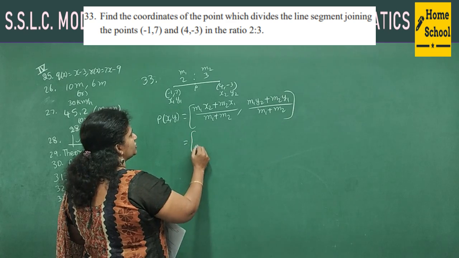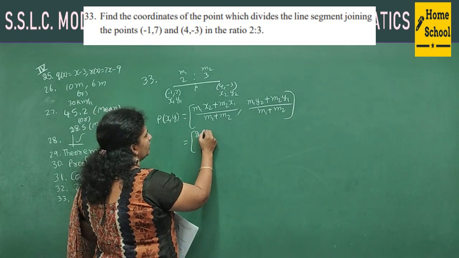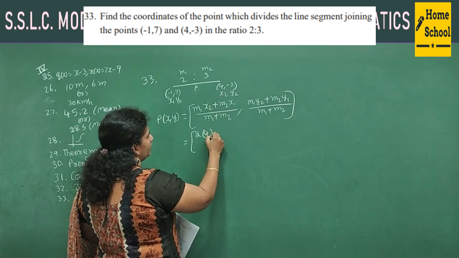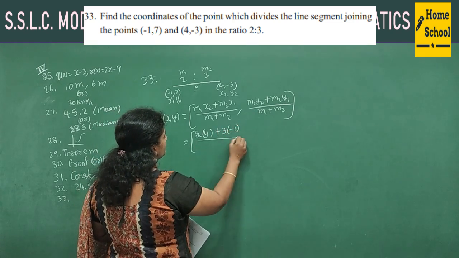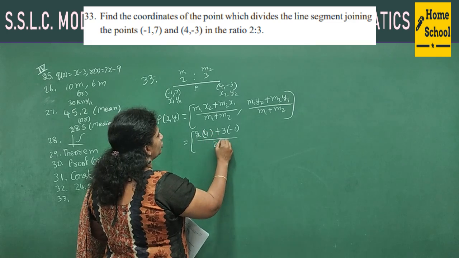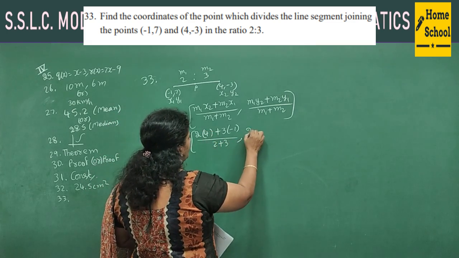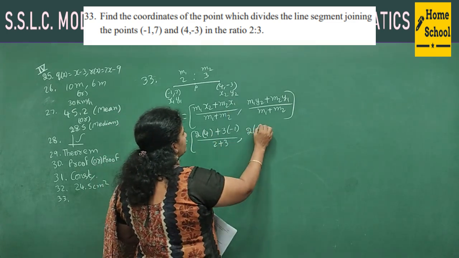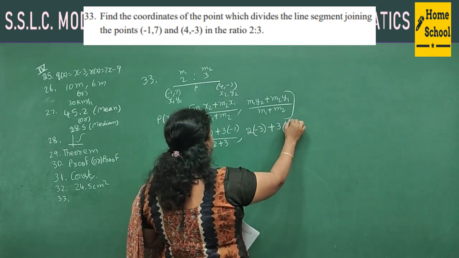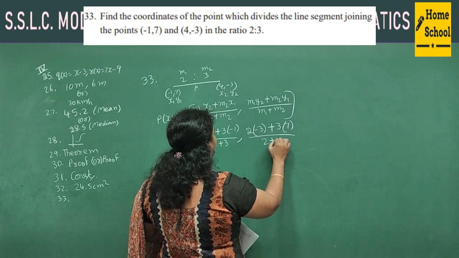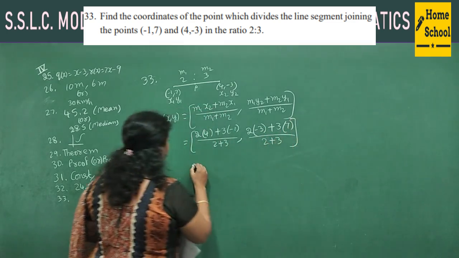Right? Substitute. m1 value is 2, x2 value is 4, plus m2 value is 3, x1 value is minus 1, by m1 plus m2, 2 plus 3, comma 2 into y2 value is minus 3 plus 3 into y1 value is 7, whole divided by 2 plus 3.